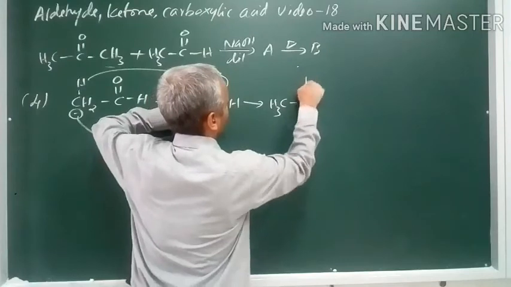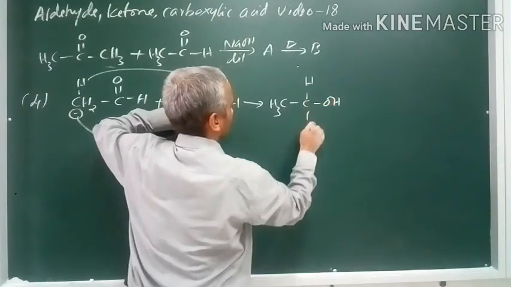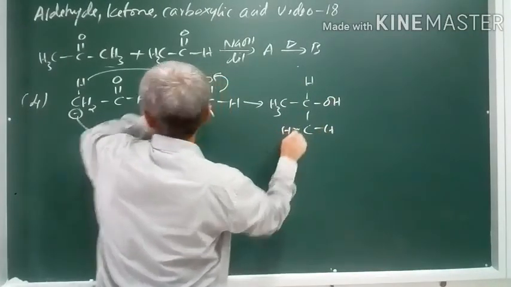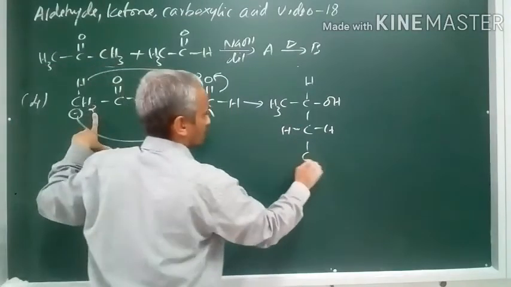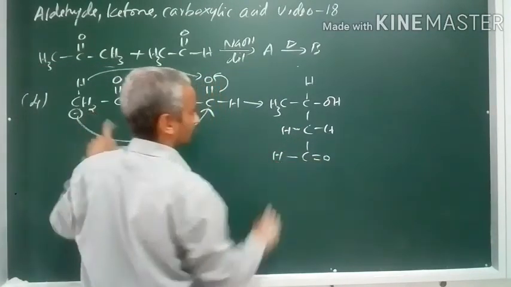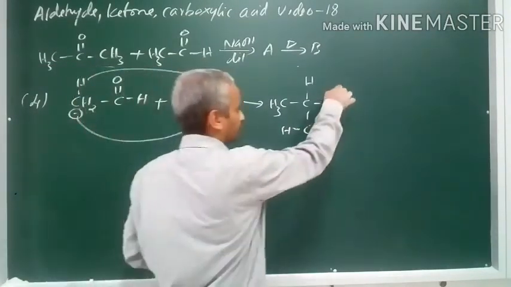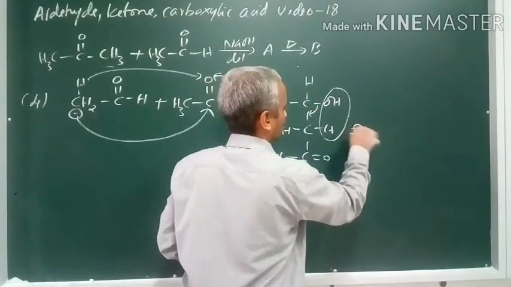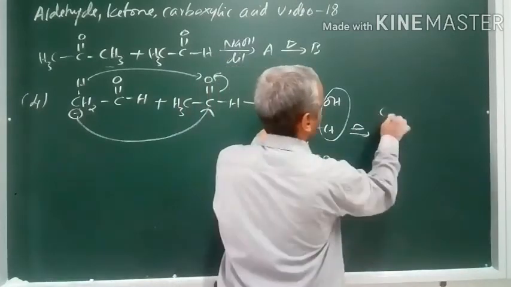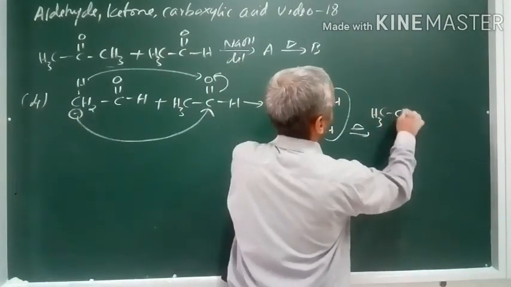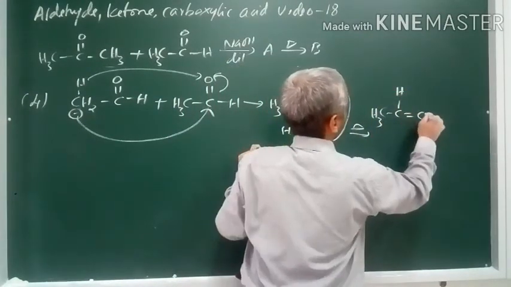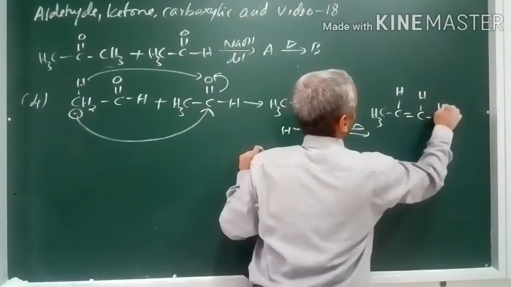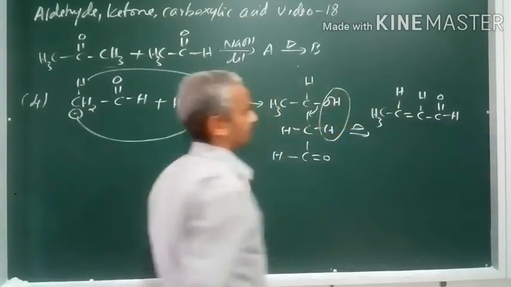CH3 CHOH CH, then C double bond OH. Heat it. The water molecule gets removed. I am going to get CH3 CH double bond CH CHO, crotonaldehyde.